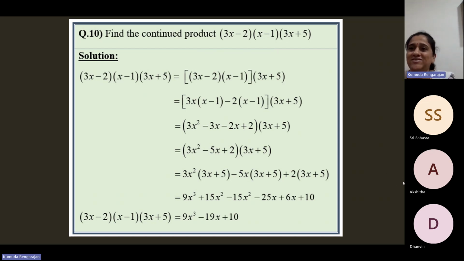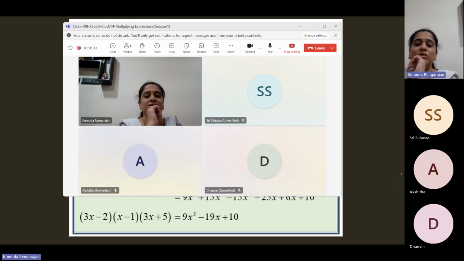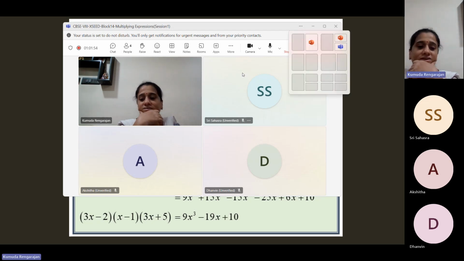We have to complete the classwork, right? Okay, children, shall I share the classwork later? Are you ready for a test, Dhanvan and Akshita, based on the questions which we just discussed?